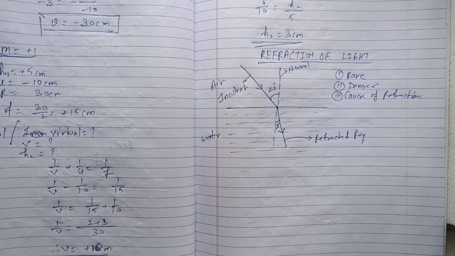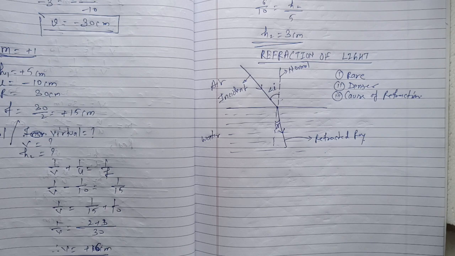But if we take water and glass, we know that comparatively glass has more density than water, so now water will become rare and glass will become denser. So it depends on the situation, it depends on the medium with which you are comparing. If you compare air and water, water is denser, air is rare.